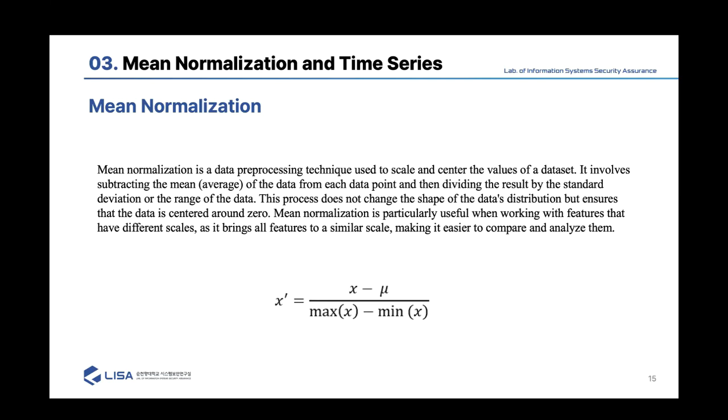This process does not change the shape of the data distribution, but ensures that the data is centered around zero. Mean normalization is particularly useful when working with features that have different scales, as it brings all features to a similar scale, making it easier to compare and analyze them.